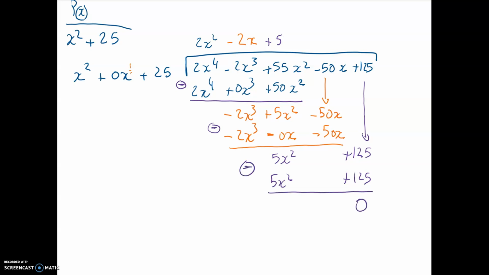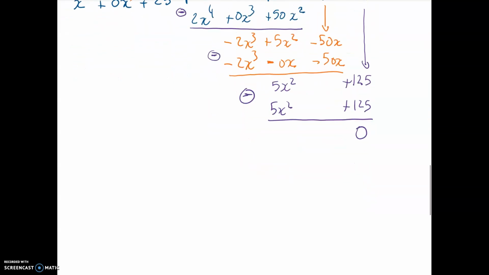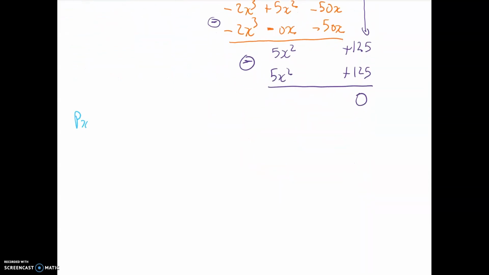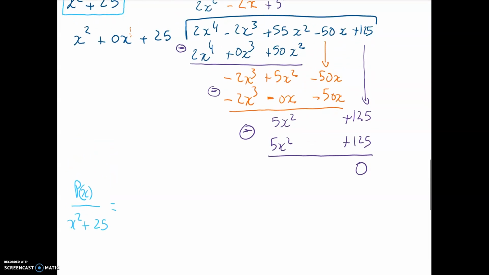I am expecting to find 0 because x squared plus 25 was made by the multiplication of two parentheses coming from two zeros of my polynomial. Now, I end up saying that my polynomial p of x divided by x squared plus 25 is equal to 2x squared minus 2x plus 5.